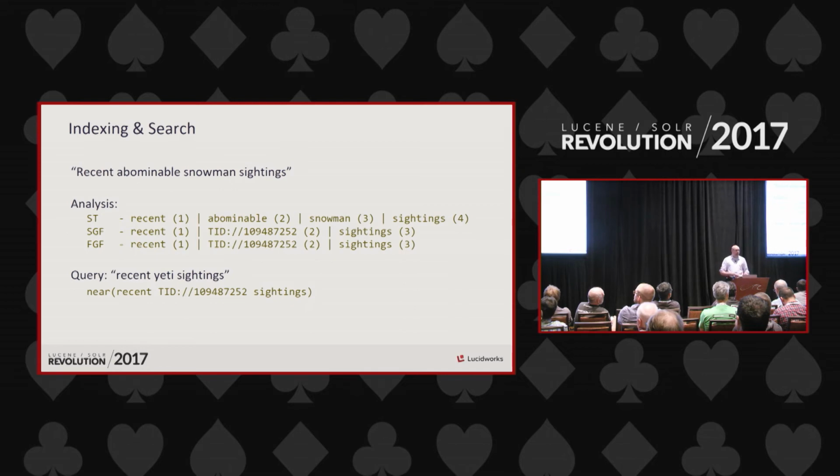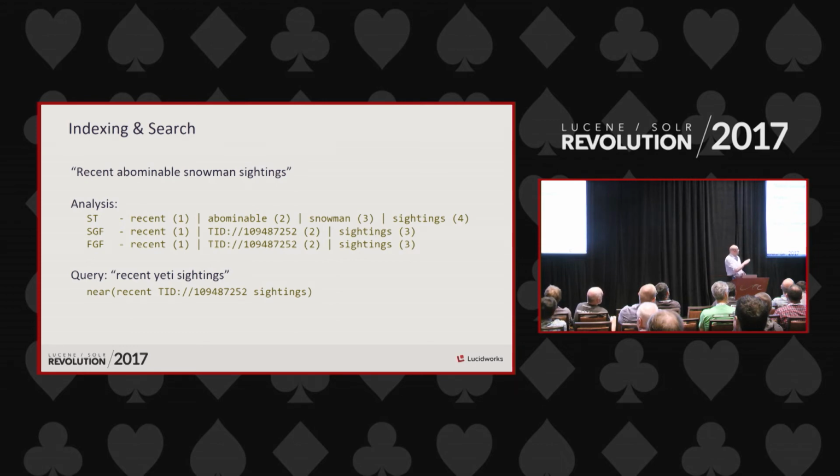From our snippet, we're not looking at synonyms for recent or sightings. So we have recent, then we're just going to emit that first token for that synonym definition, which is the UID we assigned to that synonym set, and sightings. Now if you look at the positions, they're position 1, 2, and 3. It doesn't matter that Abominable Snowman was 2 tokens long. We're just going to emit that UID, which is 1 token.